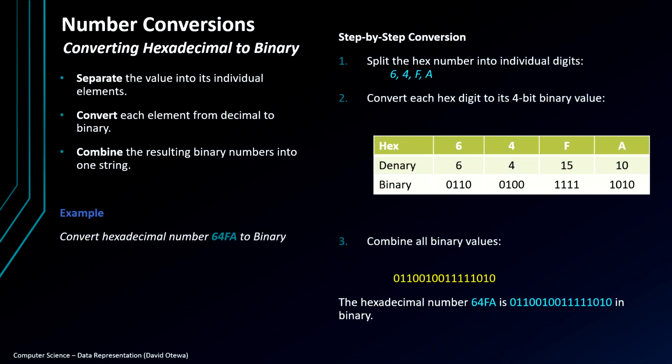Now, next, let's convert hexadecimal to binary. First thing, let's read the steps. It tells us to separate the value into its individual elements. Then convert each element from decimal to binary.